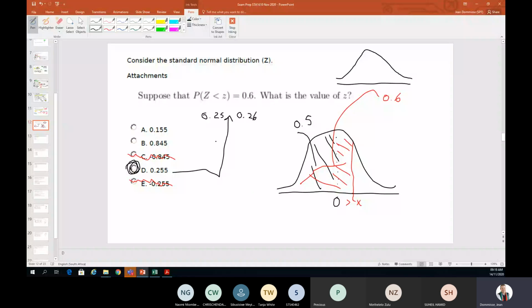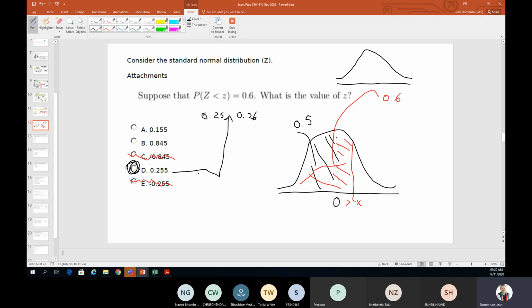You won't get something like that in the exam, so you don't need to worry about that. And I think that is the more important thing. So what they could have had is, if you worked out 0.4, then that would probably have been the answer. Otherwise they will not have options so close to one another when you're reading something off a table. So that will not happen. Okay.